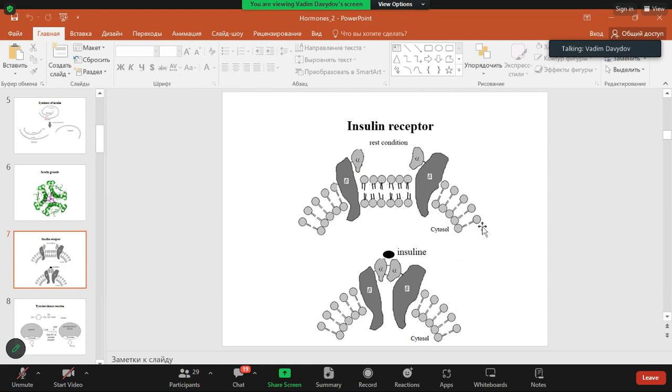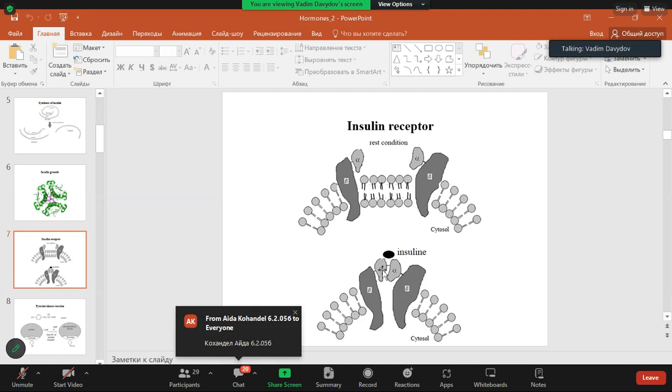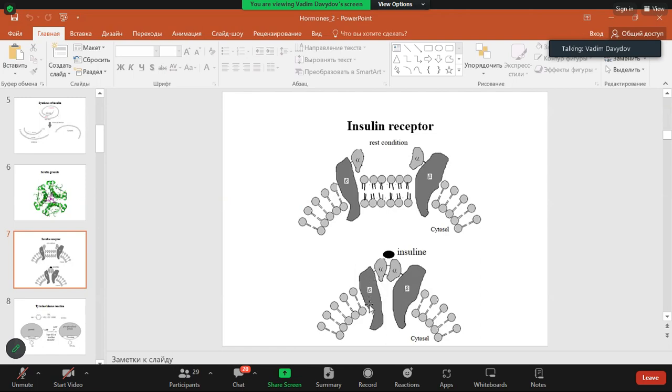Now about the receptor. The receptor for insulin has a complex structure. You must know that the active insulin receptor is represented as a tetramer. It consists of 4 polypeptide chains, and these 4 polypeptide chains may be subdivided into 2 different kinds of polypeptide chain, 2 alpha and 2 beta polypeptide chains. The beta polypeptide chain inserts in the membrane, the plasmalemma of the target cell.